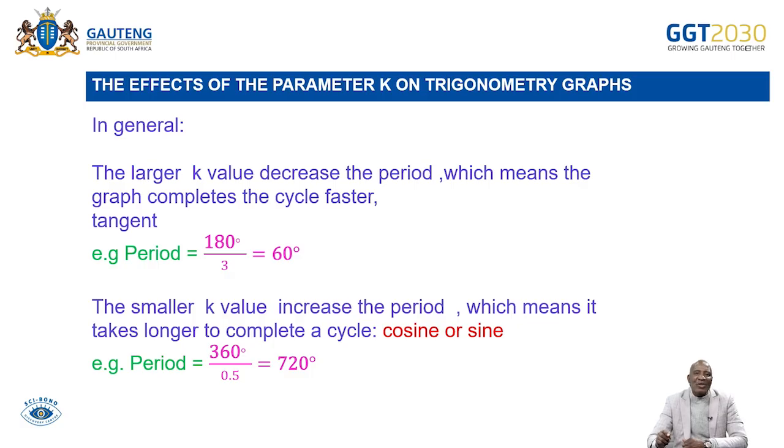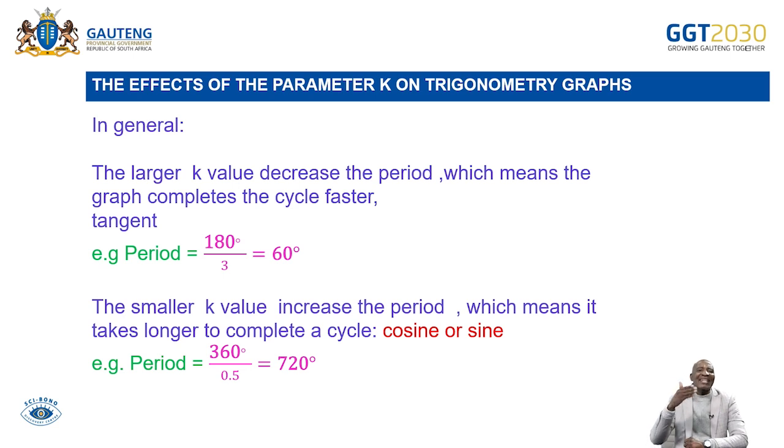The smaller k values increase the period, which means it takes longer to complete a cycle. If you use 0.5 on 360, the sine graph or cosine graph will complete its cycle after 720 degrees, because you are using a very small number.